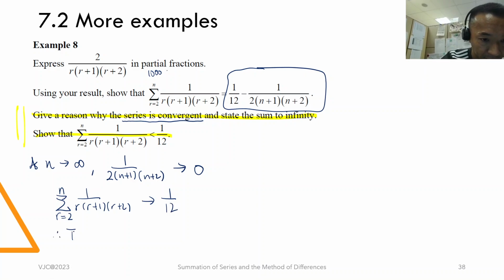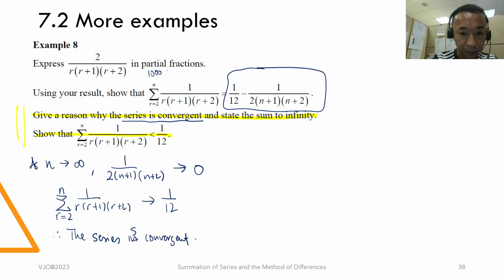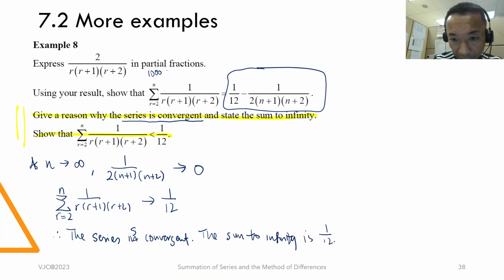Therefore, the series is convergent. The sum to infinity is just 1 over 12.